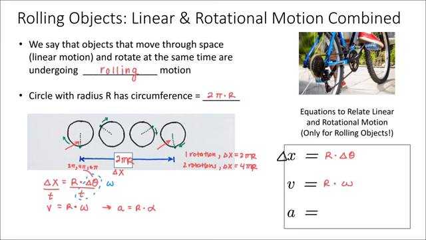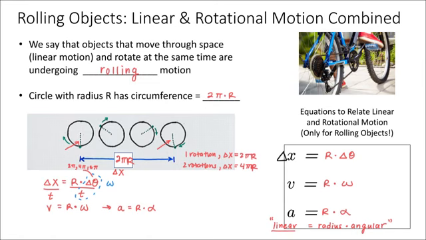And so just like this, I've managed to relate the linear motion or the translational motion of this bike wheel as it's moving through space and the rotational motion of the bike wheel as it is spinning. If it helps to remember these equations, I like to think about it like the linear term is equal to the radius times the angular term. The radius and the angular term go together on the right-hand side of the equation, and the linear term is on the left side of the equation.